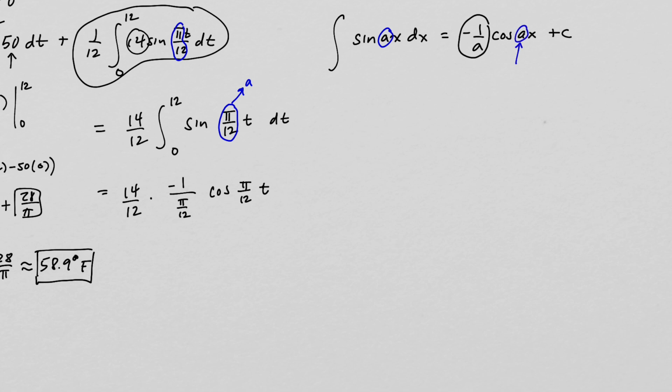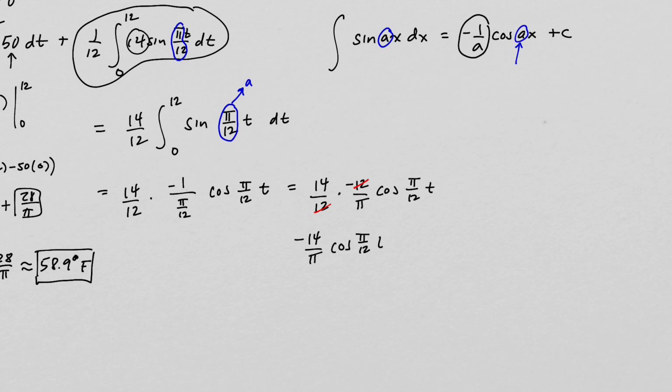A is pi over 12 in this case, and of course x is t for this example. But the point is we now get 14 over 12 times negative 12 over pi cosine of pi over 12 times t. And then from here the 12s cancel out and we get negative 14 over pi cosine of pi over 12 times t.